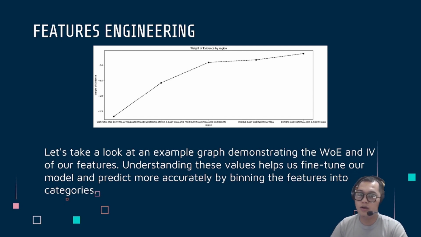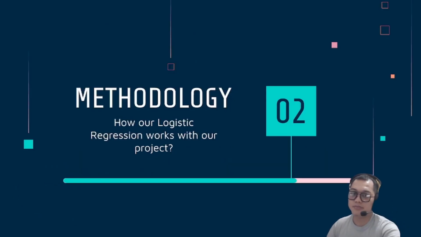So the intuition from this graph is that the higher the weight of evidence means that the data that gets sorted into that bin will have more risk than the other data that have been sorted in the lower bins with the lower weight of evidence. Well, you get the idea.